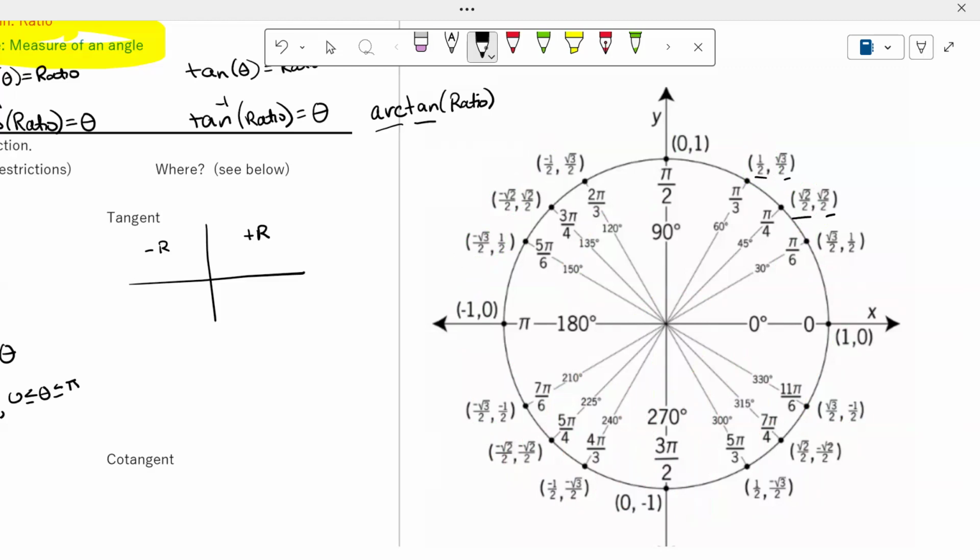When we're looking at 90 degrees, if you think about what the graph of tangent looked like, it was undefined, the tangent of 90 degrees, okay? The tangent of an angle in quadrant 3 is positive. That would be a positive ratio. And quadrant 4 would be a negative ratio. And again, this is undefined.